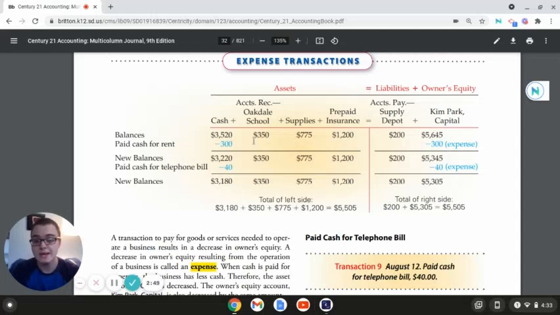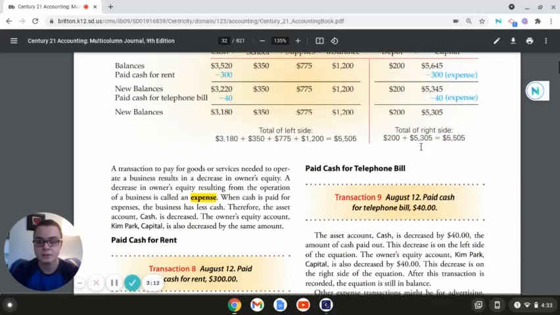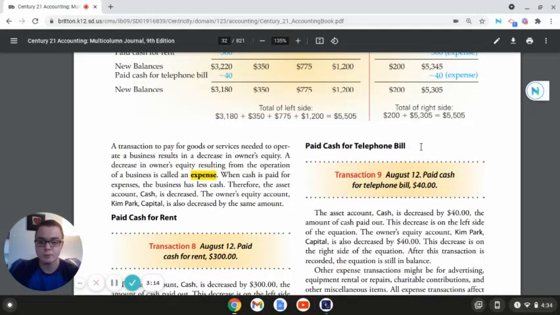So when we pay cash, we deduct cash from our account, and we also have to deduct from our owner's equity capital account because we are on opposite sides of the accounting equation. So whatever we do on one side of the accounting equation, we have to do on the other. Otherwise, our accounting equation will not be in balance. Okay, so that's transaction number 8.